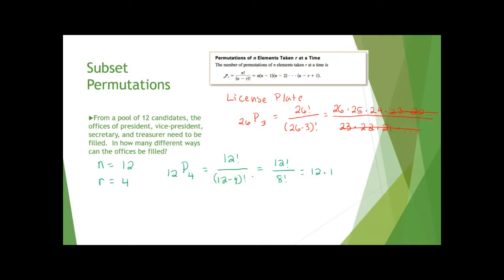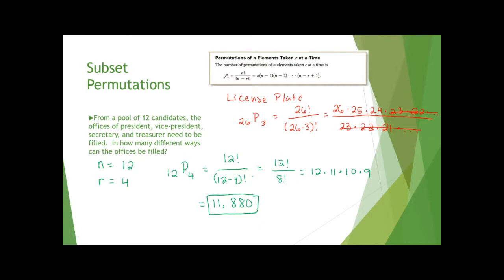So that's 12 times 11 times 10 times 9, which makes sense because once you've chosen somebody for an office, they can't be chosen again. So you initially have 12 choices, then 11 choices, then 10, then 9. So when you multiply that all out, you get 11,880.